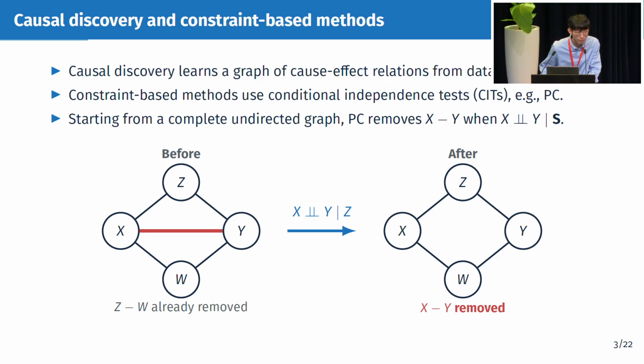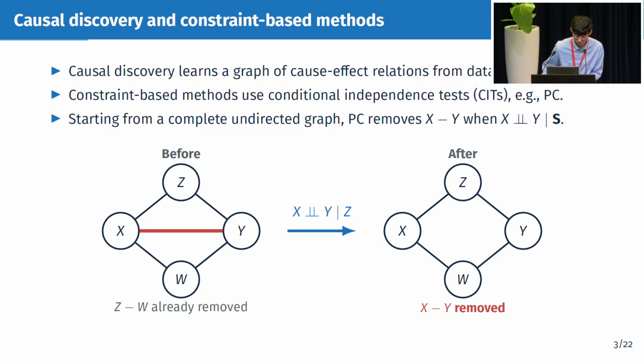So first, a little background. Causal discovery aims to recover cause and effect relations from observational data. One prominent line of work is constraint-based causal discovery, including the renowned PC algorithm. These methods systematically perform conditional independence tests to recover the underlying structure of the data.